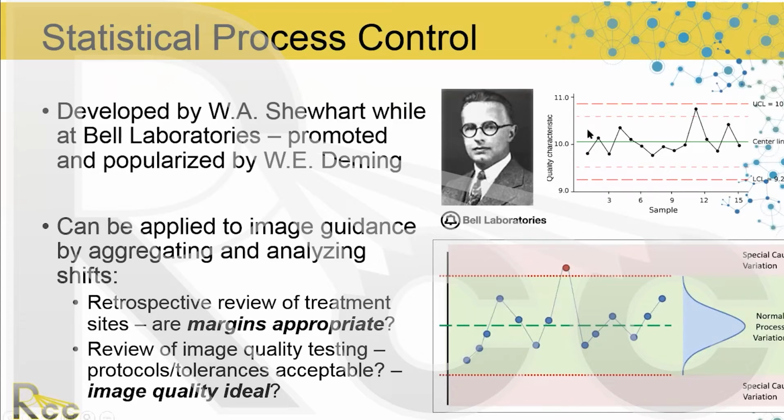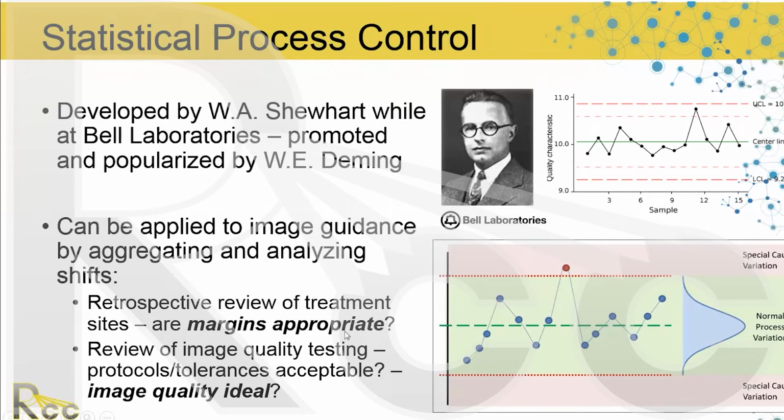Measuring something allows you to control for it. So if you measure a period of shifts over time, you can see what's expected, what's unreasonable, and what should be investigated. So you can use retrospective data to analyze your processes and determine if your margins are appropriate.